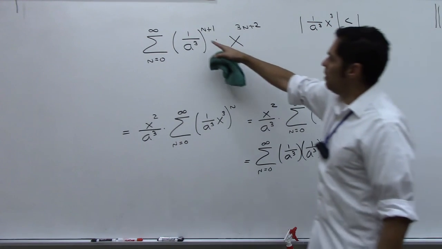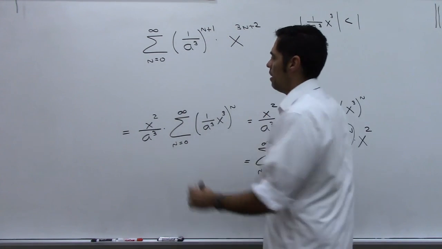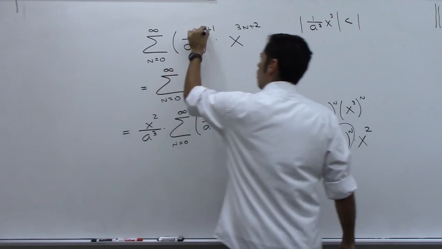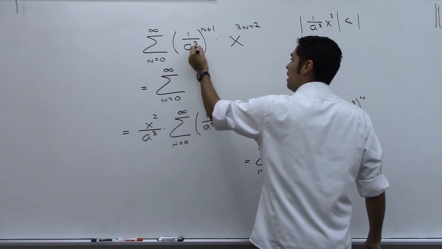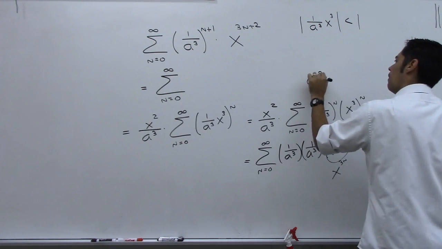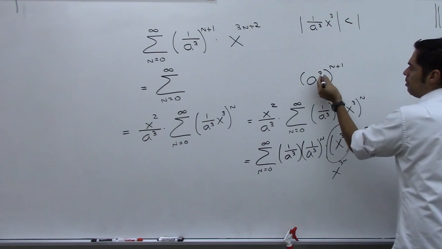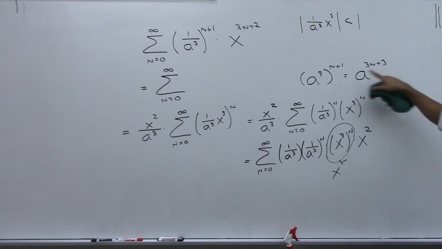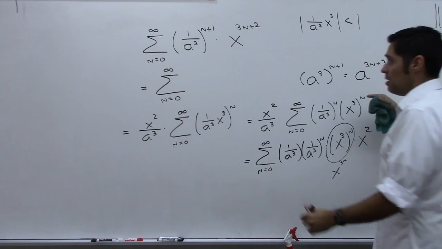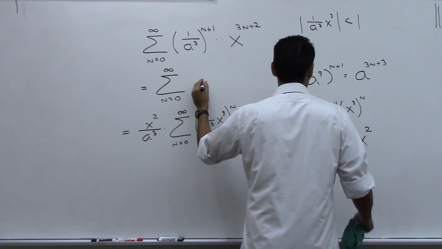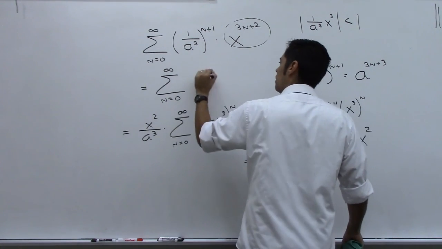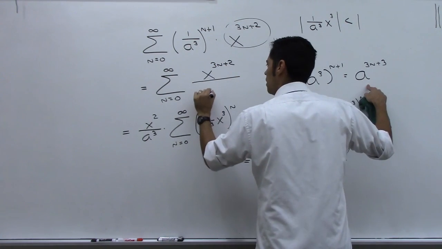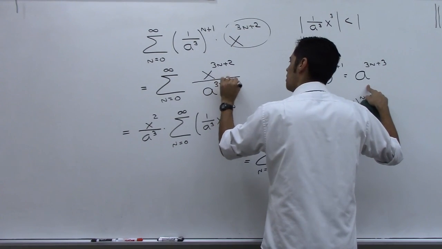And then on this one, remember that I can do the power on the 1 and the bottom separately. 1 to any power is 1. On the bottom, a cubed raised to the n plus 1, so I multiply, and this is a to the 3n plus 3. So on the top I have x to the 3n plus 2, and on the bottom I have a to the 3n plus 3.